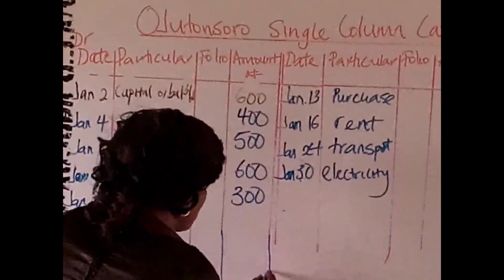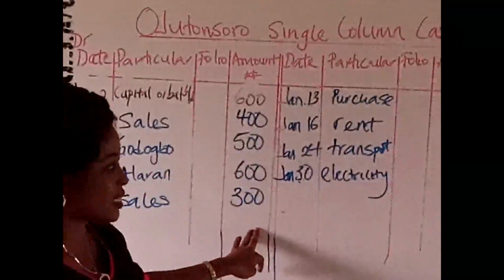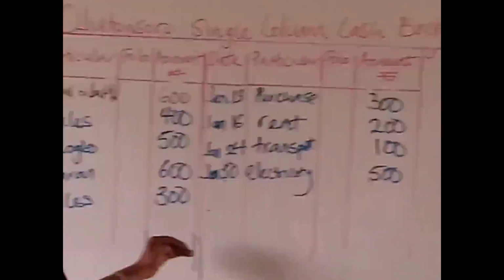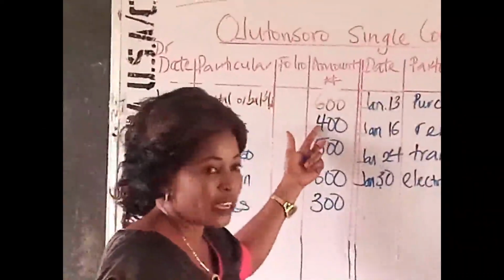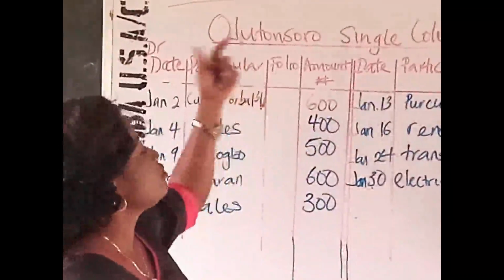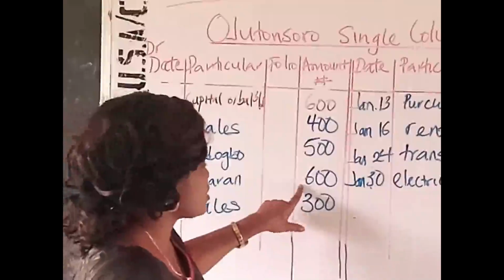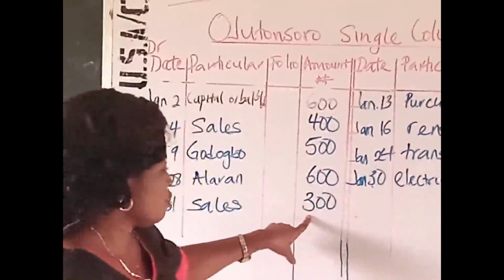Now that we have agreed that it's the debit side that is bigger, the next thing for us to do is to add up all what we have in our debit side and put the total down. Since it's the bigger, 600 plus 400, 1,000 plus 500, 1,500 plus 600, 2,100 plus 300, 2,400.